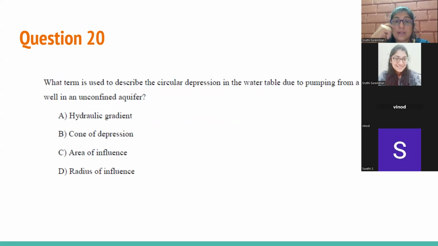What term is used to describe a circular depression in water table due to pumping from a well in an unconfined aquifer?